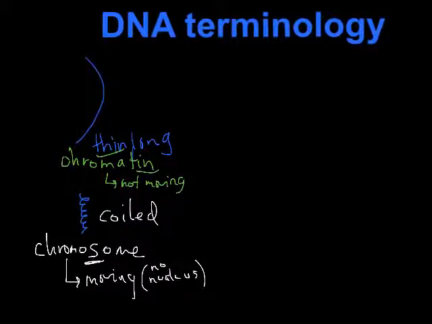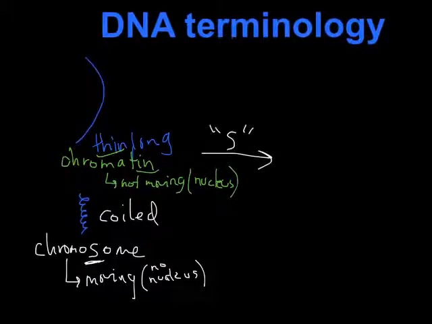So we'll see that in mitosis, at some points there's going to be a nucleus, some points there's not going to be a nucleus. If you can look at it and say there's no nucleus here, then you're going to know that the DNA must be in chromosome form because it's got to be able to move. Similarly, if there is a nucleus, the DNA is not going to be moving, so it's going to be in chromatin form.